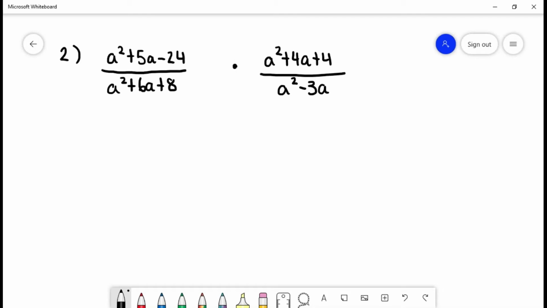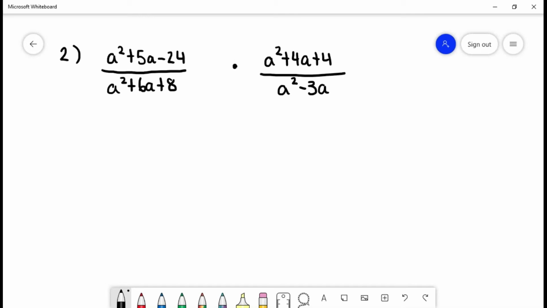So essentially what we're going to do now is, as you can see, this is a very similar looking problem to what we did just previously, but instead of there just being one fraction with quadratic expressions on both the numerator and denominator, what we have are two separate rational expressions multiplied together.